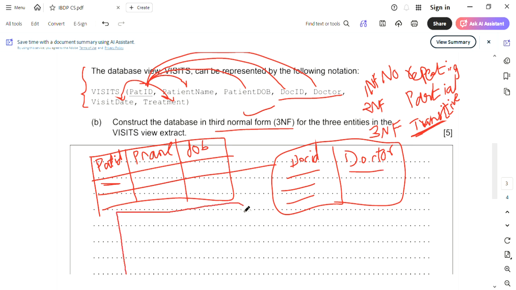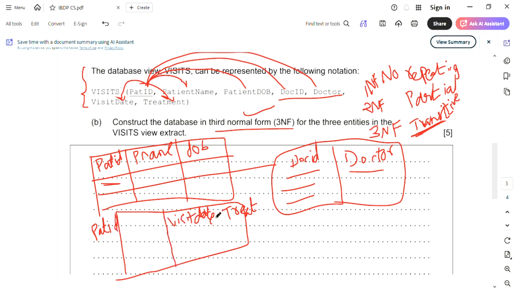And next time when the patient visits, visit date can't be made the primary key. And the treatment, for whom are these related? It is related to the patient ID, am I right? So how can I keep track of who is coming on which date?